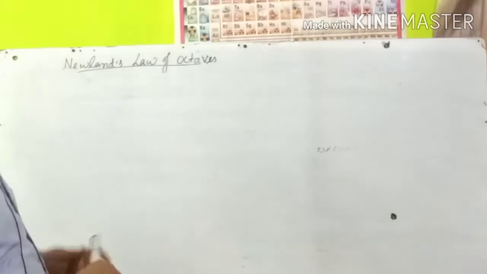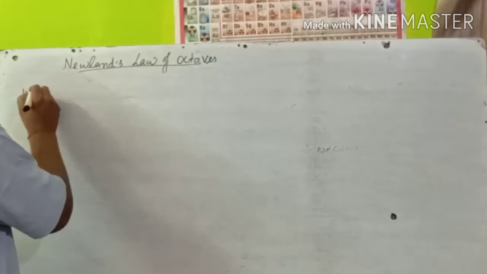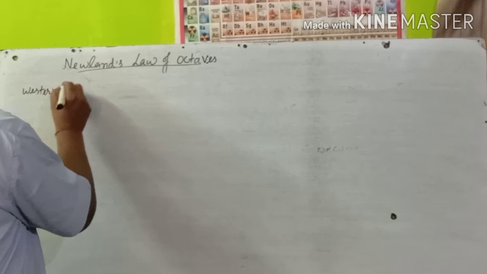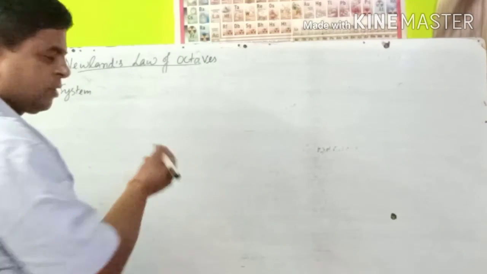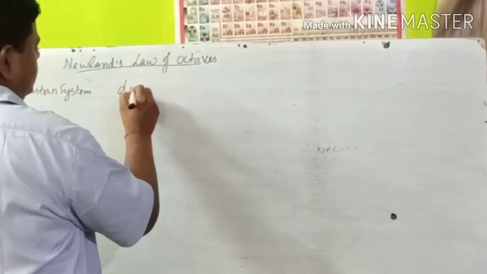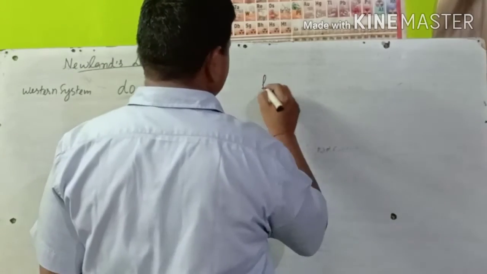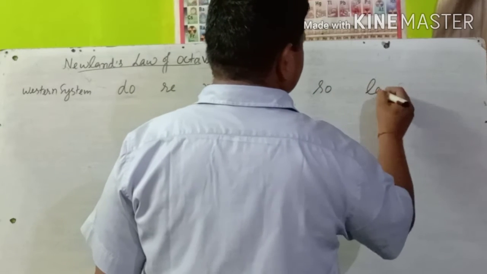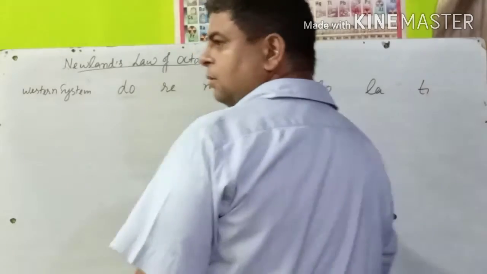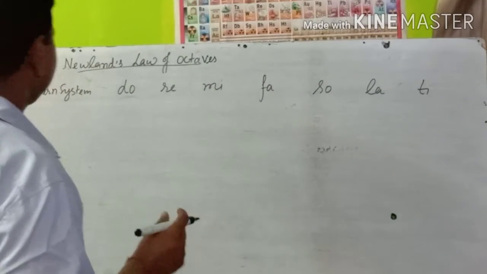In the Western system, the musical notes are given as do, re, mi, fa, so, la, ti.